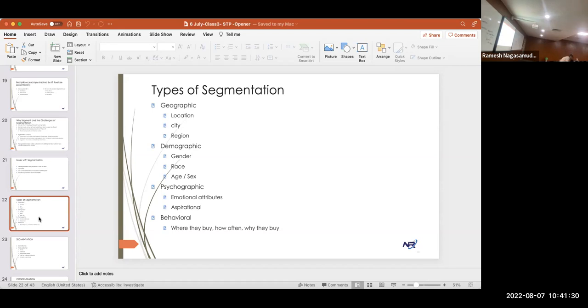Soft drinks, obviously. Based on the climate, yeah. And actually, soft drinks are also very unique examples of how segmentation happens.